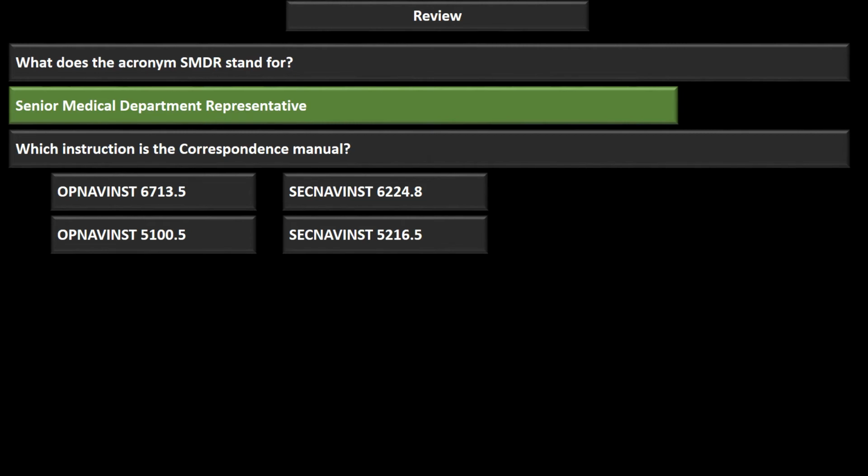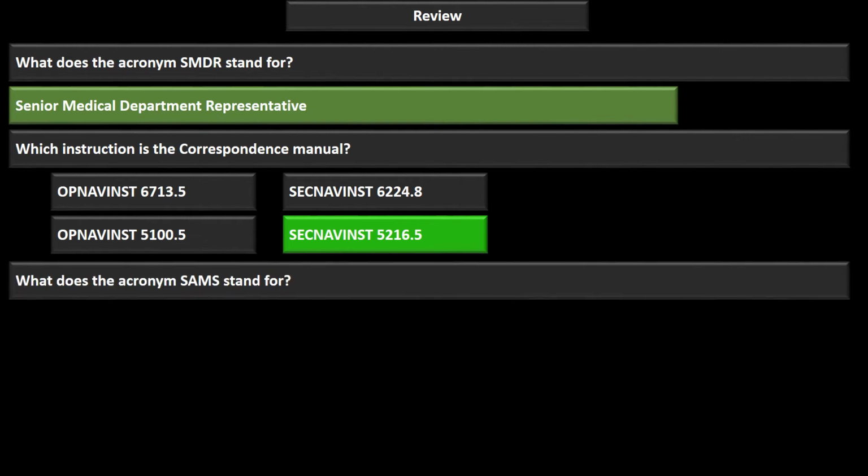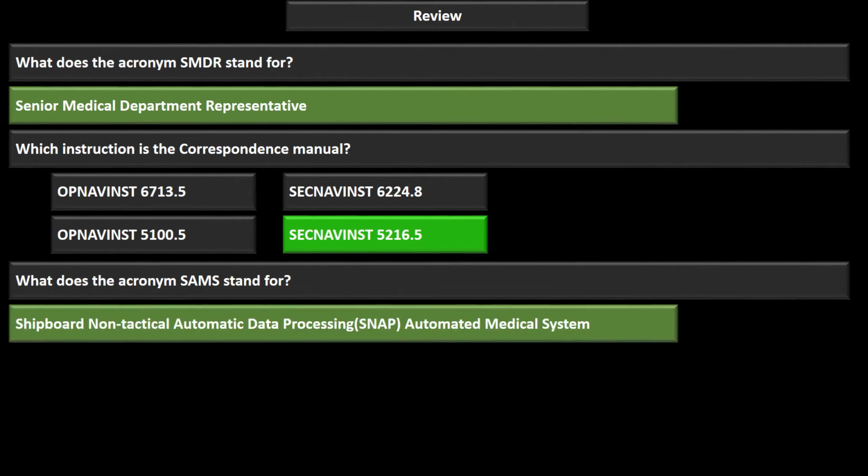Well, your correspondence manual is SecNav Instruction 5216.5. What does the acronym SAMS stand for? SAMS stands for Shipboard Non-Tactical Automatic Data Processing, or SNAP, Automated Medical System, the acronym within the acronym.